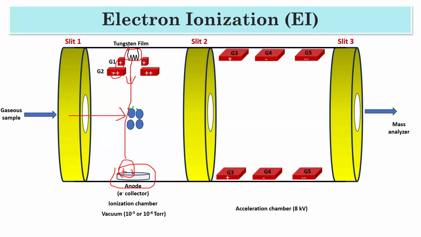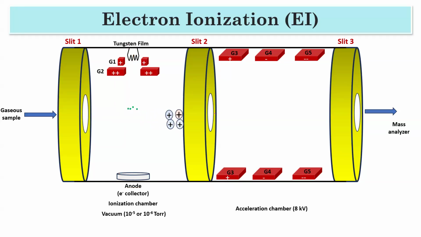When the gaseous sample is moving inside and the electron beam is coming, it will hit and your molecule will be ionized, because the energy of that electron beam, as we talked yesterday, is around 70 electron volts.